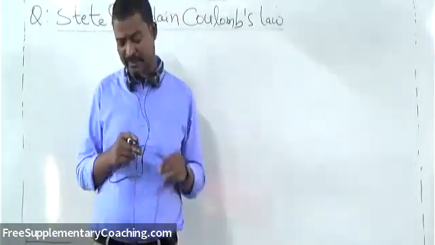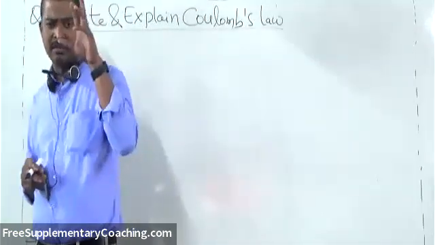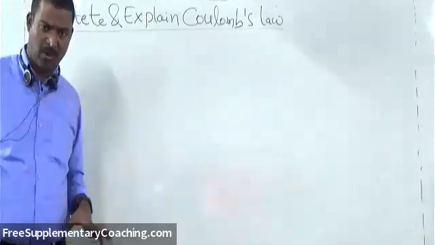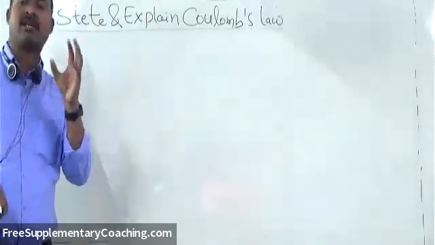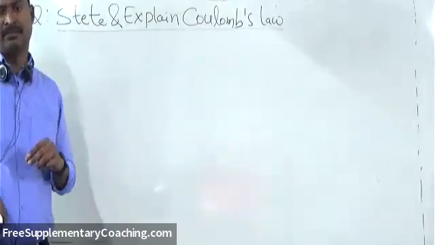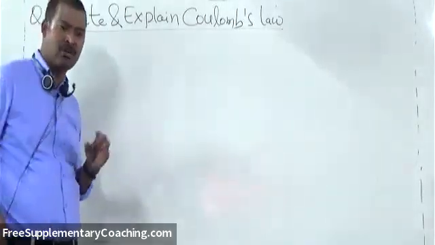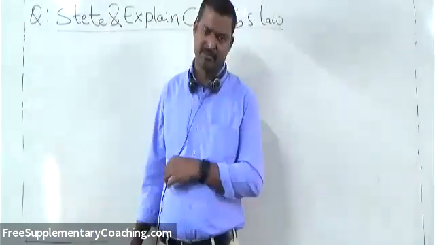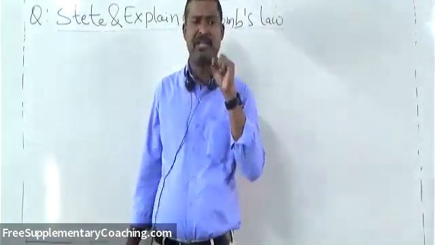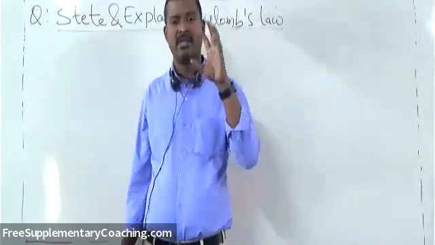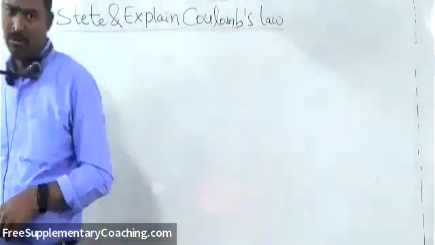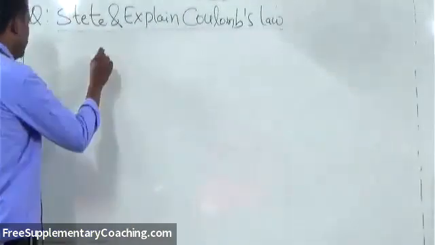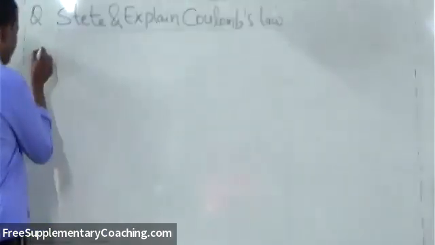That force we call Coulomb force or electrostatic force. By using this law we can find the magnitude and direction of the electrostatic force, how much force exists between them. Clear? So we'll see now how it is possible. First, I will write the statement.